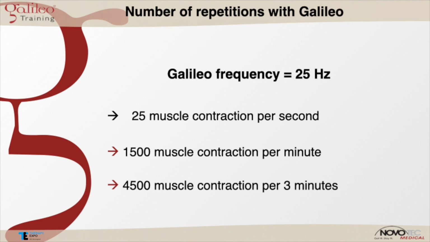If we work with 25 hertz, that means 25 muscle contractions per second, 1,500 per minute, or 4,500 muscle contractions in 3 minutes. So here you get the repetition rate, which is important for better neuromuscular communication. Of course, it's not replacing walking. Walking you have to do, but to condition the system to this high repetition rate, the Galileo can help you again.